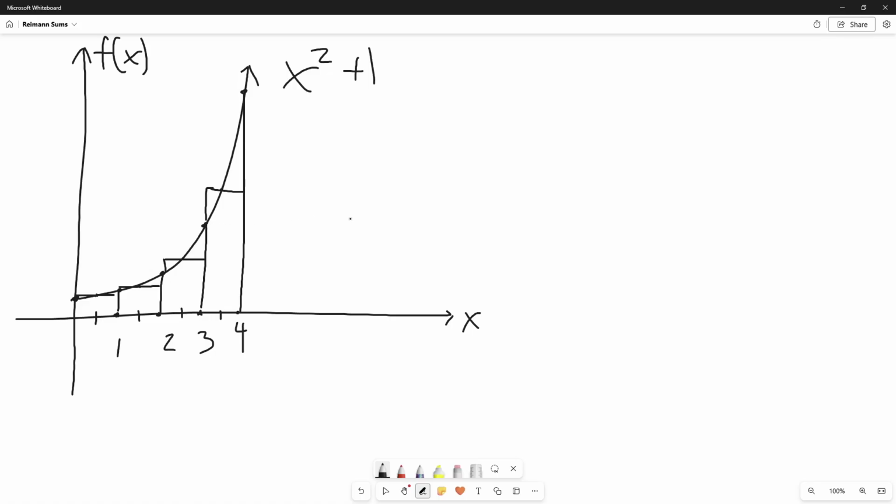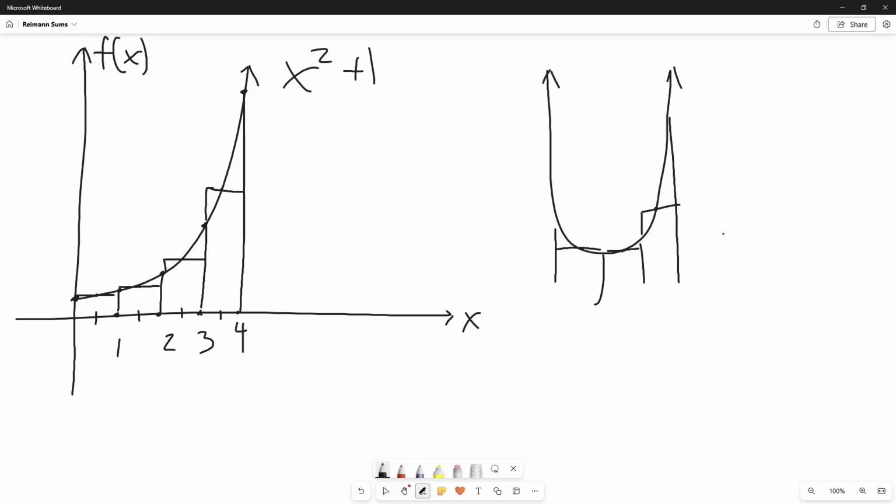And this is generally a much better estimate than using the left method or going from the right, because you go from the middle. Whether this approximation is an overestimate or underestimate depends on the concavity of the function. So when it's concave up like this, then let's draw our rectangles, midpoint here, like this.